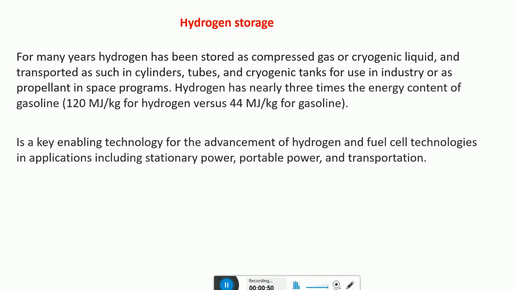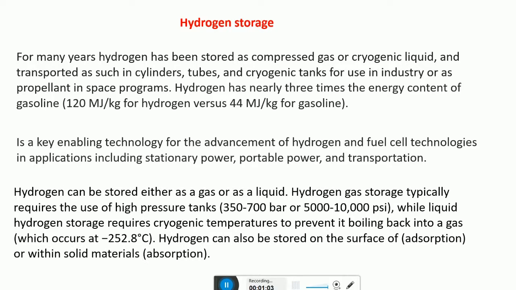Hydrogen storage is a key enabling technology for the advancement of hydrogen and fuel cell technologies in applications including stationary power, portable power, and transportation. Hydrogen can be stored either as a gas or as a liquid.